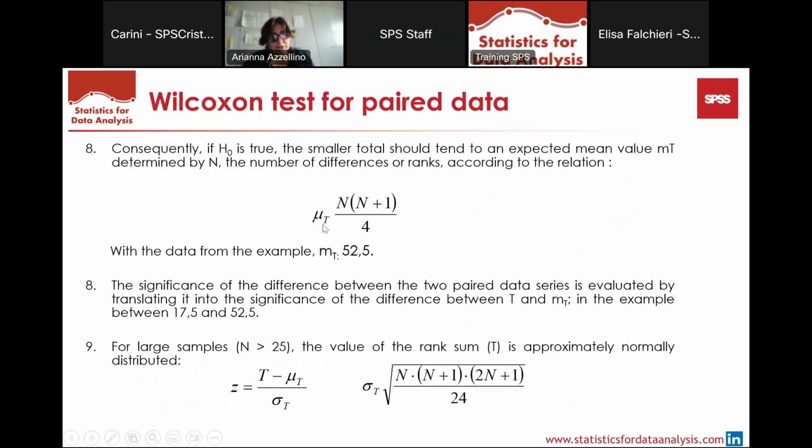And exactly as we saw before, I can also estimate the variability of the T statistic simply using an empirical formula having only n, the number of observations, as the only variable that needs to be considered. And so I may standardize the T value I have obtained on my dataset into a Z-score and read the significance level of the test directly using this Z-score.